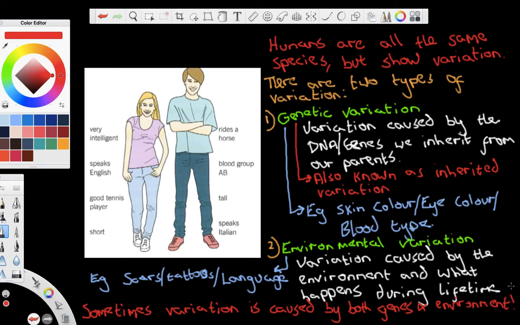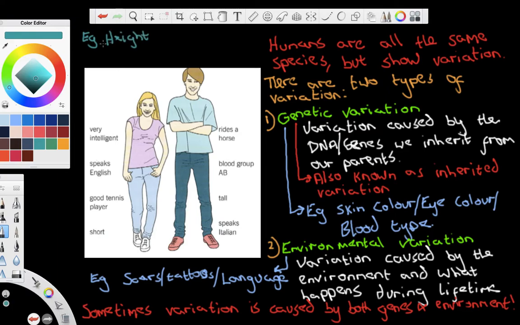Okay, so sometimes it can be caused by both. Now, because I've run out of room, I'm going to write it at the top here. We can say an example of this. So I'm going to go for this greeny colour. We can say, e.g., height.